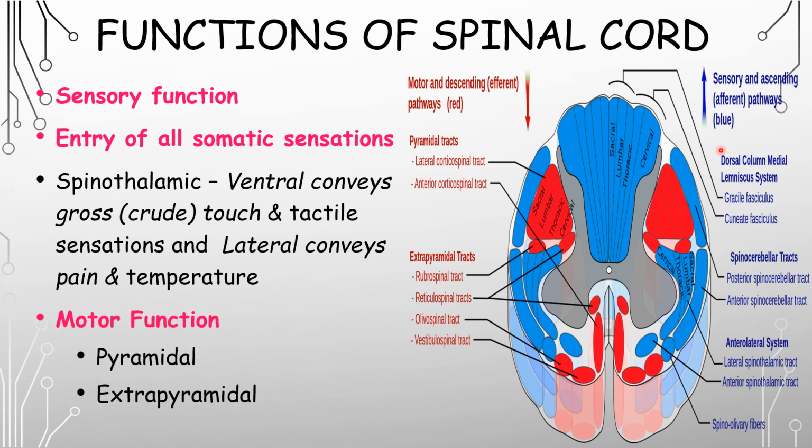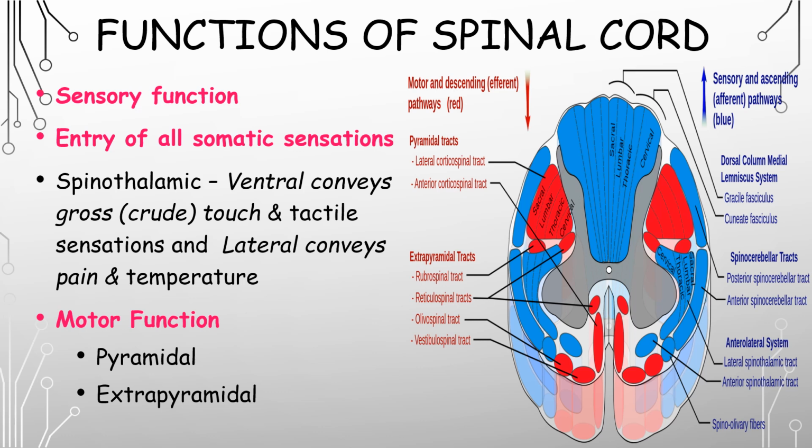And the motor function. The spinal cord also performs a motor function. That is the pyramidal tract, which includes the corticospinal tract. The corticospinal tract has anterior and posterior tracts, and then the extrapyramidal tracts.